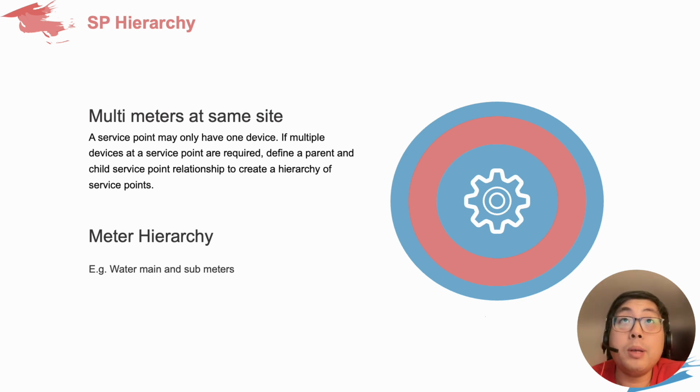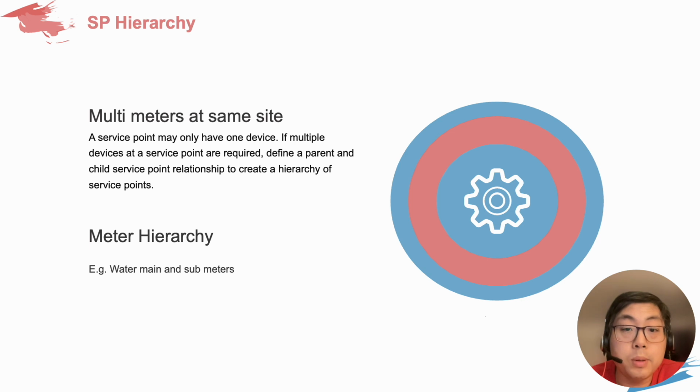One is multiple meters at the same site. So for example, at the same location, you will have multiple service points, especially when you are talking about electricity.